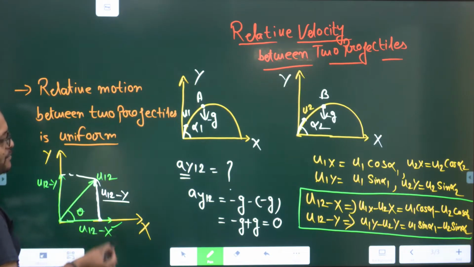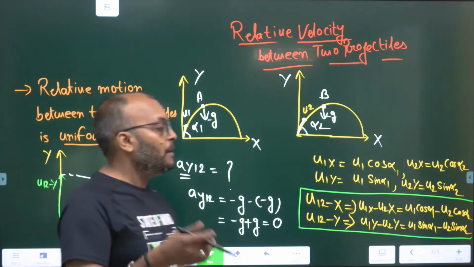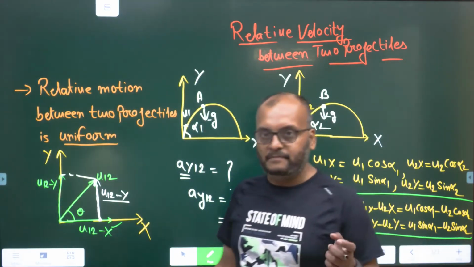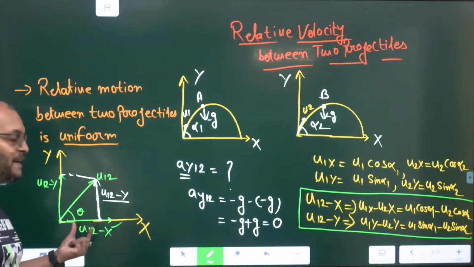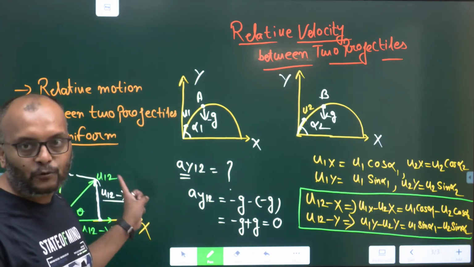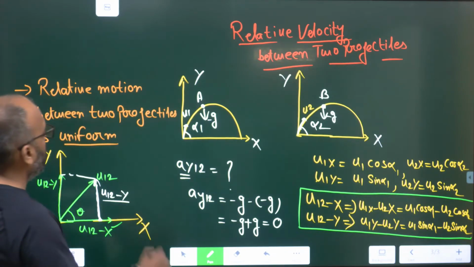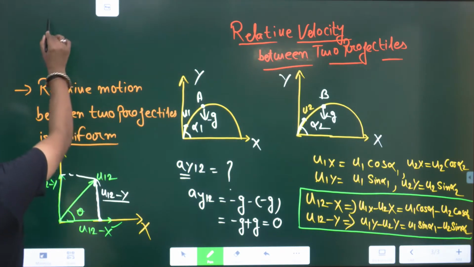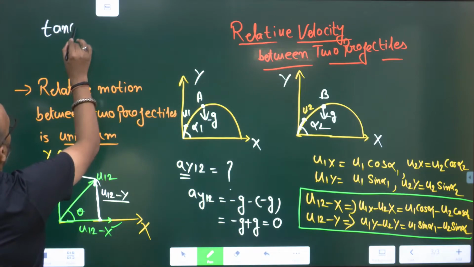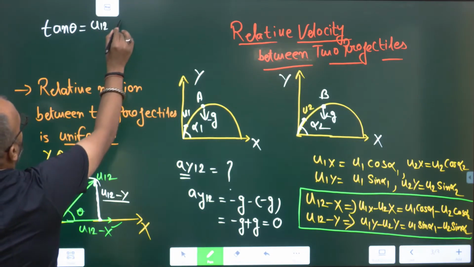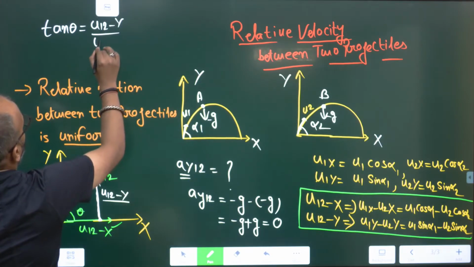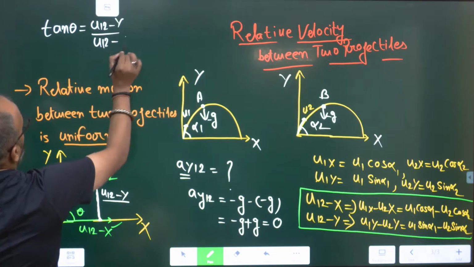So now look at this triangle. Tan theta is equal to perpendicular upon base. What is base? u12x. What is perpendicular? u12y. So from here I can say that tan theta will equal u12y upon u12x.